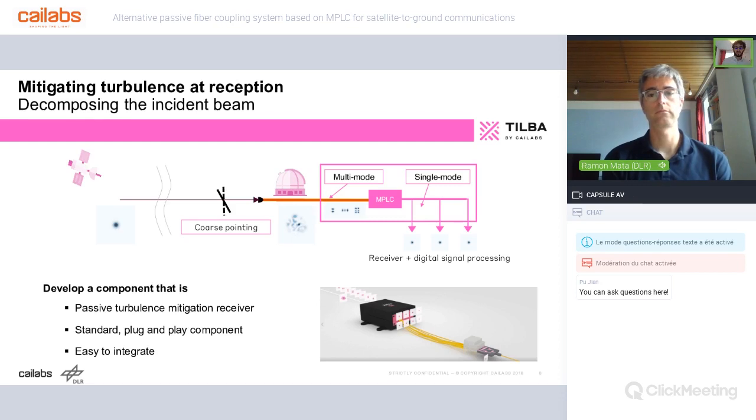So you will have fluctuation of phase and amplitude inside the single mode fiber, and this is much easier to process than having fluctuation of phase and amplitude in free space of several modes that you don't know how they behave. And the idea really is to have a passive component that is relatively standard and plug and play, and that is easy to integrate. And I will come to that after.